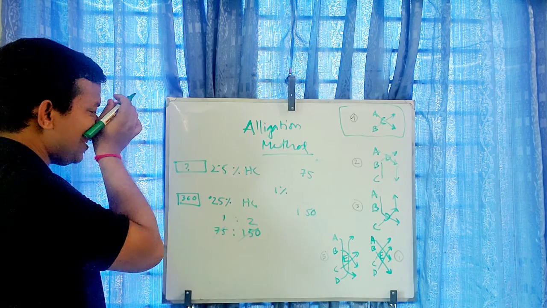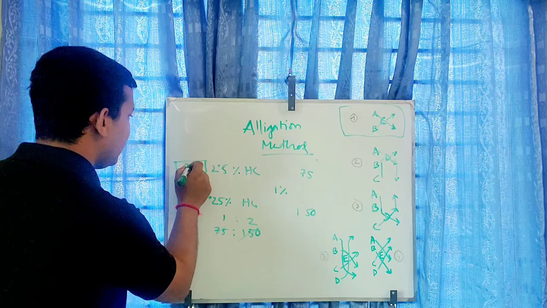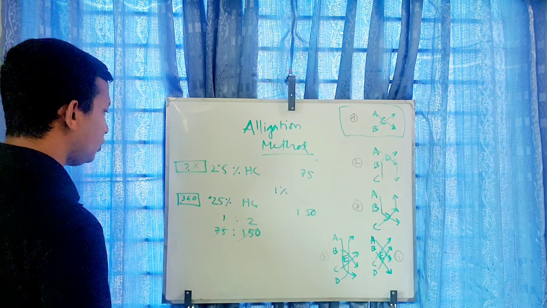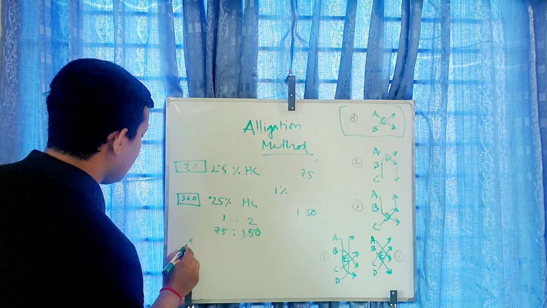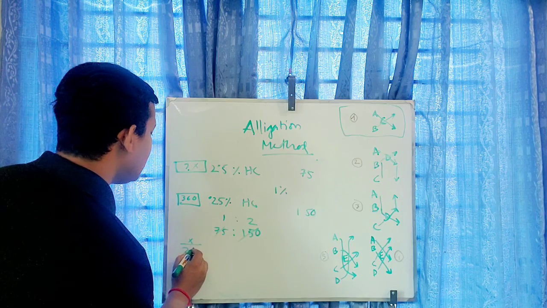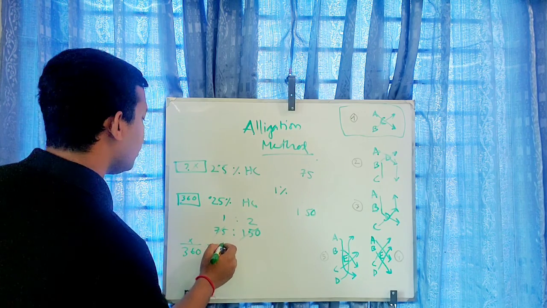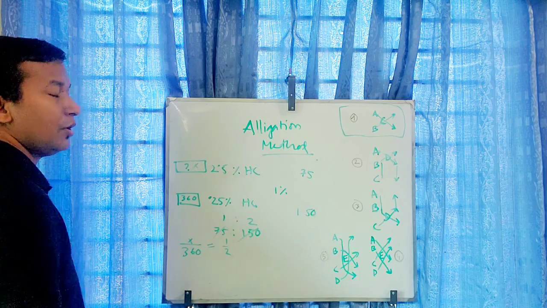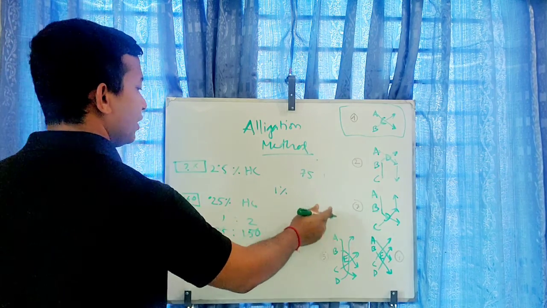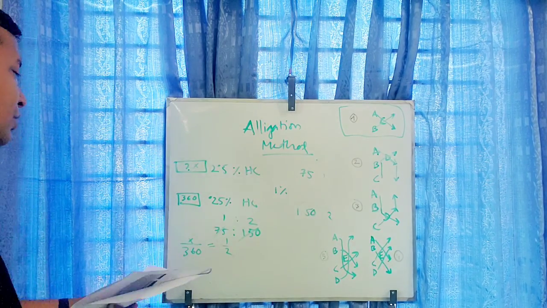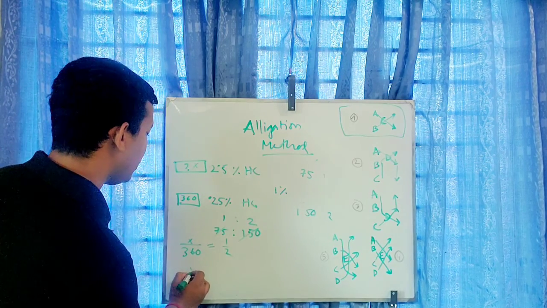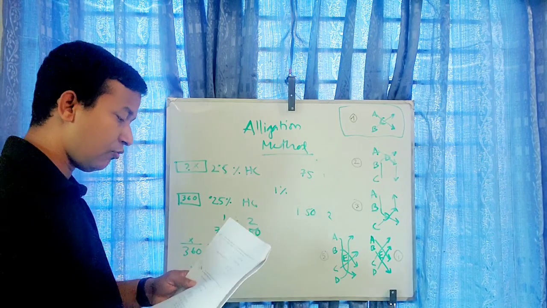Now see one thing, this one is x. So if we do a ratio x by 360, it will become 1 by 2, because we got 1 here and 2 here as part of the ratio. So from this point we can calculate x equals 360 by 2, I mean 180.